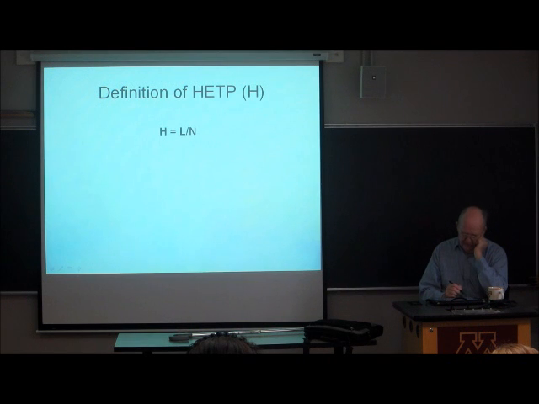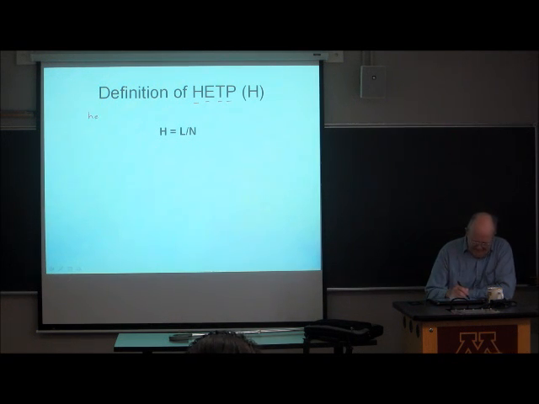So, with that, let me get into the subject. There's a very important property of a column, which depends upon a lot of those variables that I just mentioned, called its HETP, which stands for height equivalent to a theoretical plate.